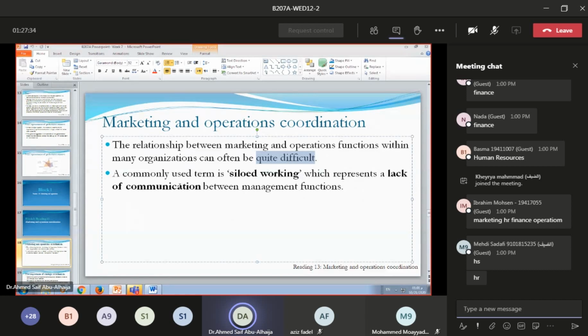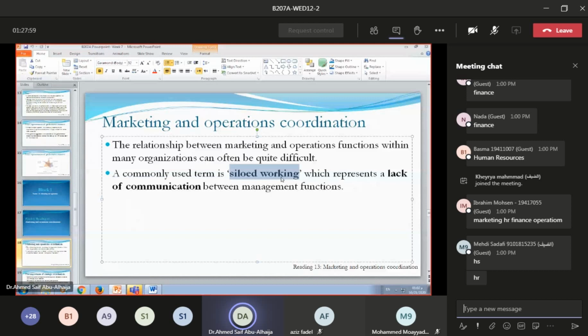They said a commonly used term is siloed working. So let's suppose each department is working according to their own agenda. This is the point of siloed working.